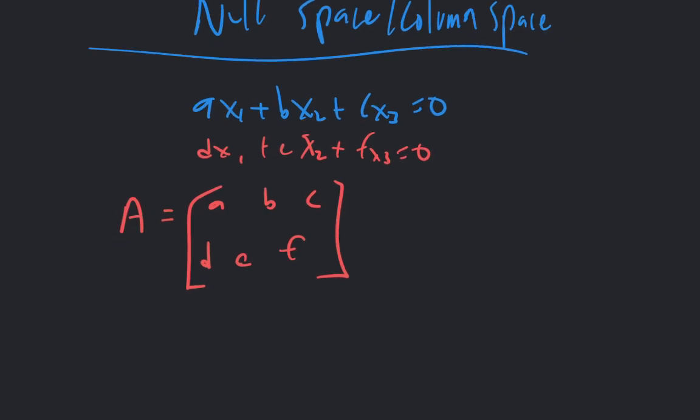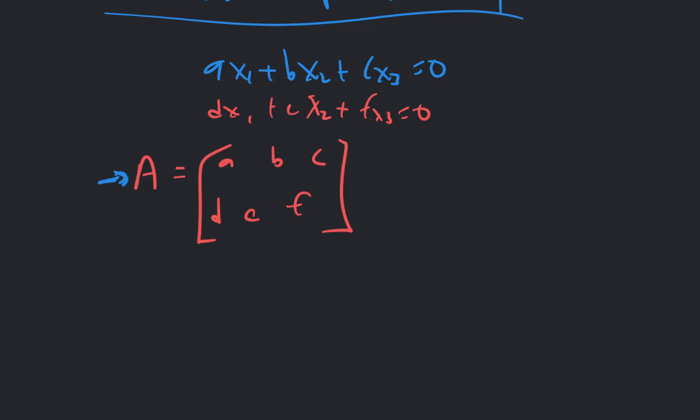And then if we multiply this by some vector v. In this case, because this is a 2 row, 3 column, 2 by 3, we need to multiply by something that matches this, so 3 by 1.